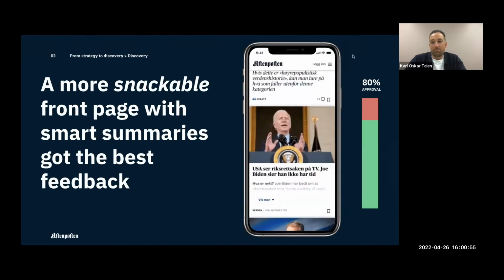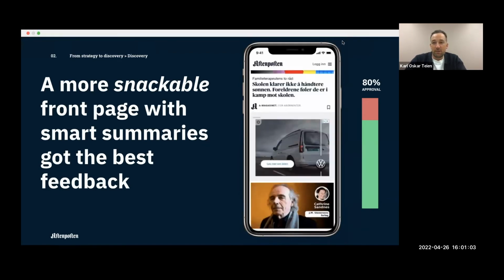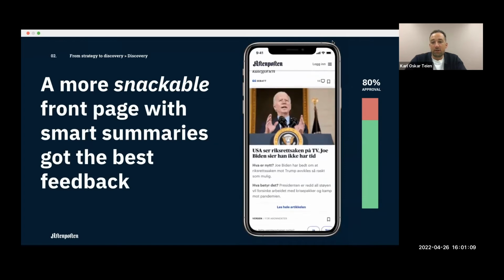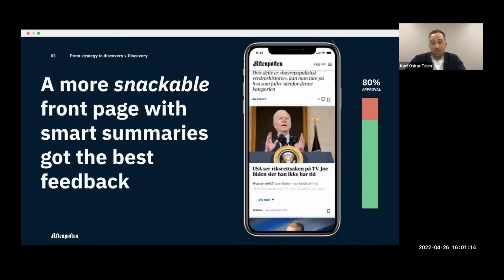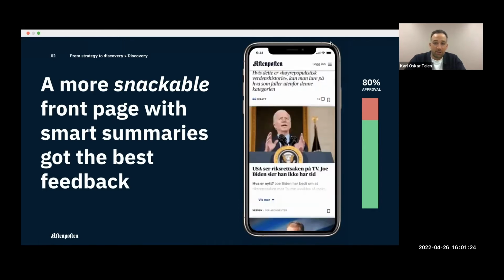But the most popular one was this one, where we started right on the front page, inspired by Axios, actually, their format of smart brevity, where you show right on the front page what's new, what does it mean, why is it important, why does it matter, where you can really give users more than just the title of the article. You can say, well, here's what happened, and this is why it's important.